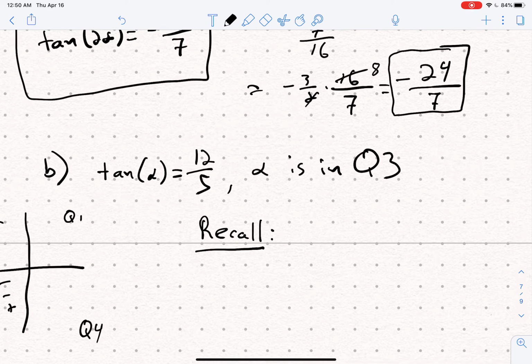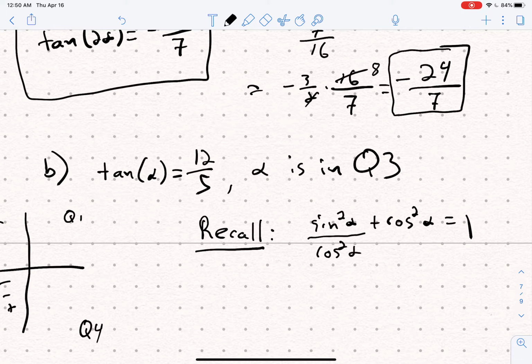What is a trig identity involving tangent that's similar to sine squared plus cosine squared? Well, if we take sine squared alpha plus cosine squared alpha equals 1, and if we want to get a tangent, tangent is sine over cosine. So what I'm going to do is just divide everything here by cosine squared alpha.